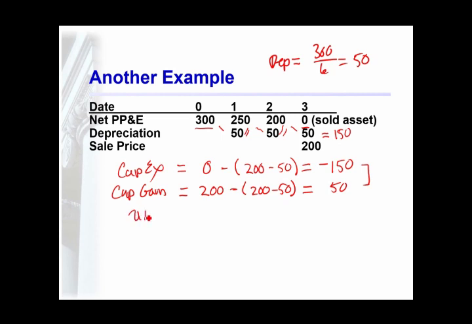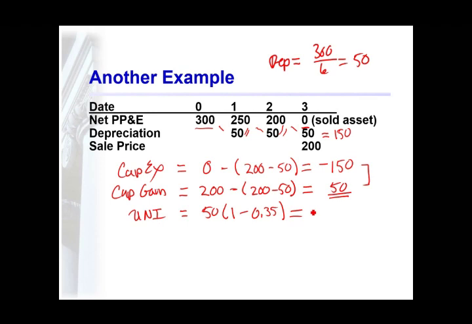So by formula, the unlevered net income resulting from this sale is the taxable capital gain. Supposing our tax rate is 35%, the after-tax gain is $32.50.